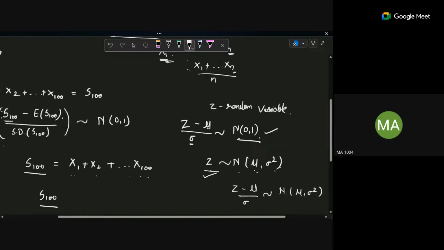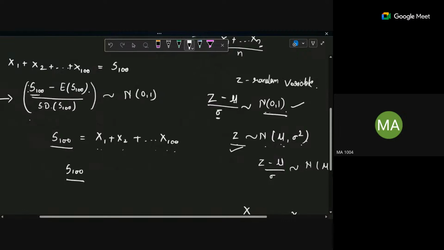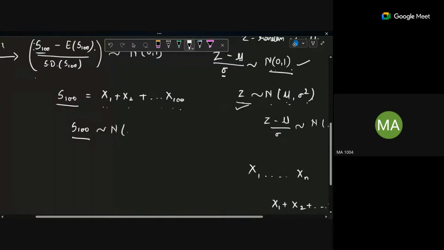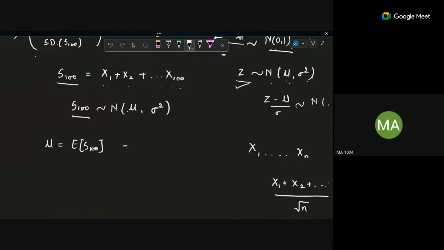So that's why this S100 will follow a normal distribution with some mean mu and variance sigma square. What is our mean there? Mean is nothing but the expectation of S100, and sigma square is the variance of S100. Fine.